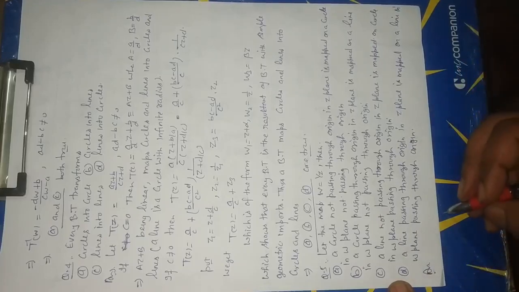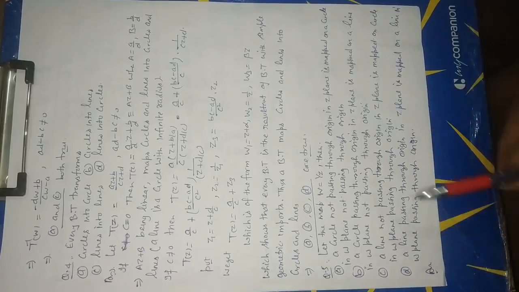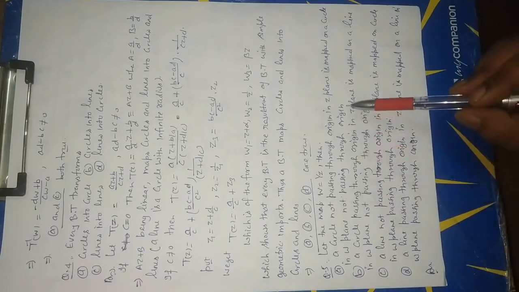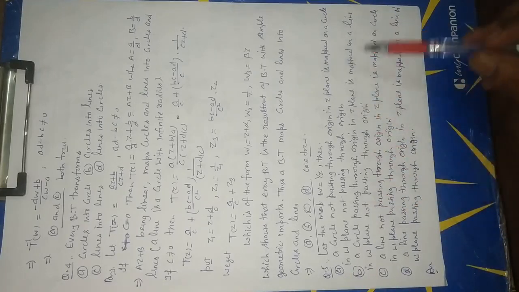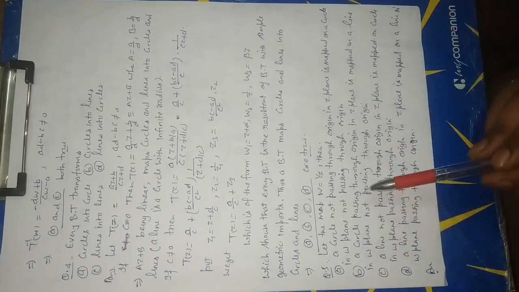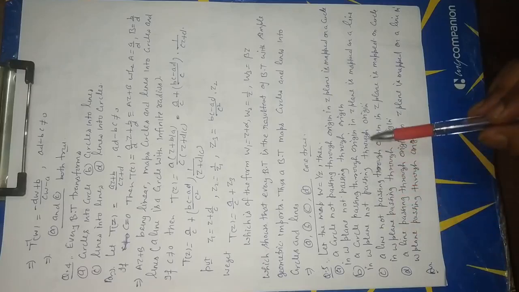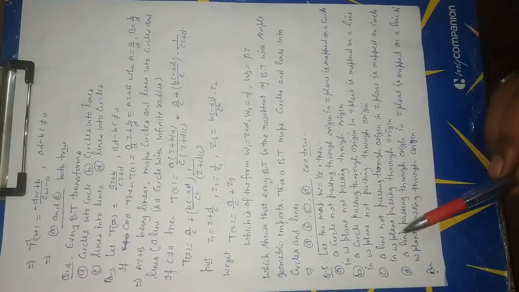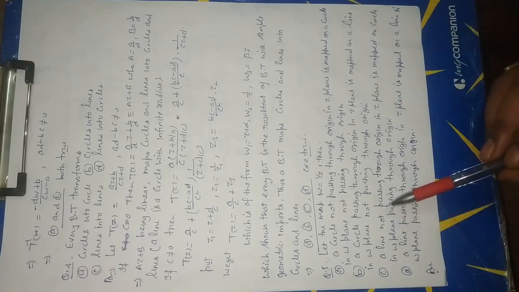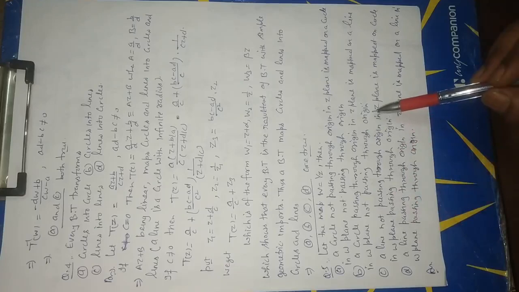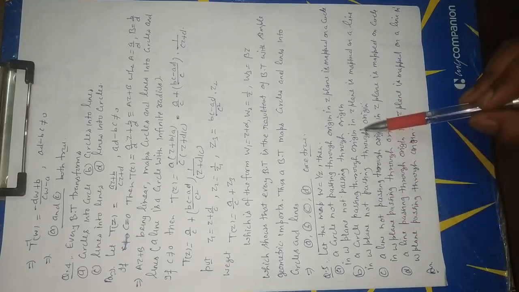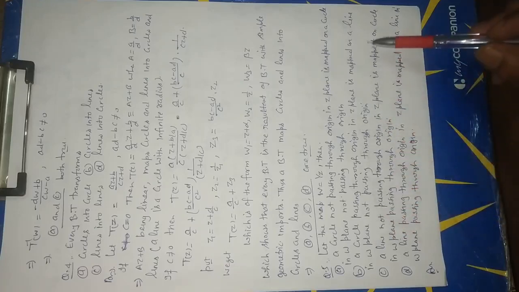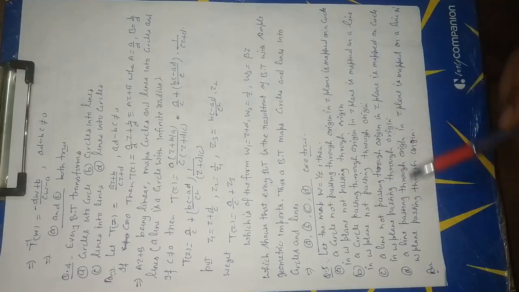Answer. Now repeat. A circle not passing through origin in z plane is mapped on a circle in W plane not passing through origin. B option, a circle passing through origin in z plane is mapped on a line in W plane not passing through origin.